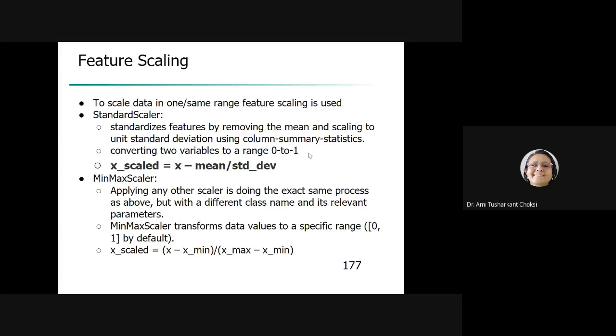So how do we do that? Using x_scale equal to x minus mean upon standard deviation. Fine. So this is one way, that is the standard scaler, with which we can get the feature scaling.